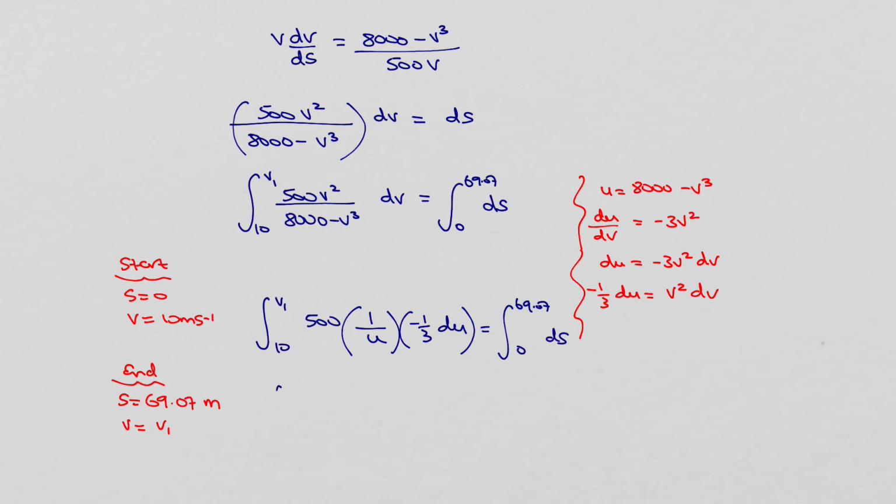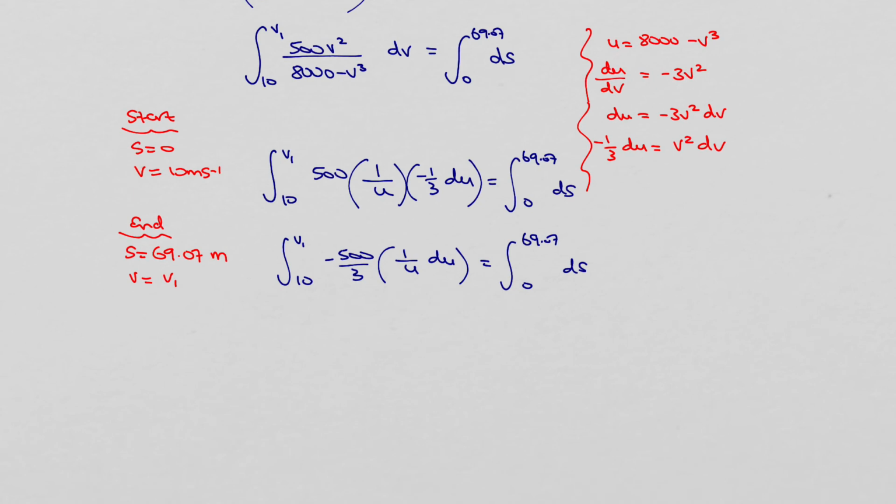So that's going to become, with limits v1 and 10, minus 500 over 3 times 1 over u du. And if I integrate, that's going to be minus 500 over 3 natural log of u is equal to s in the limits of 69.07 and 0.